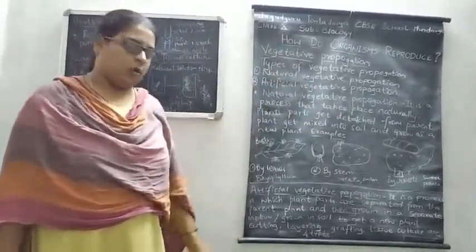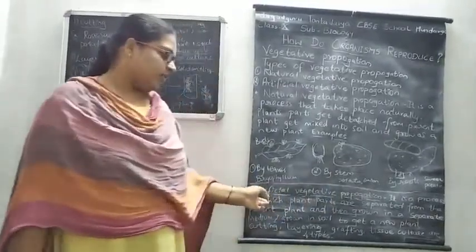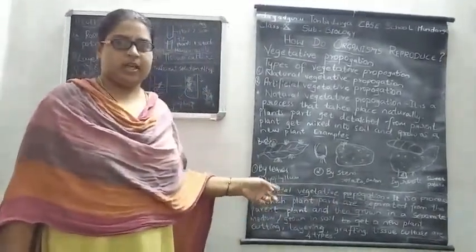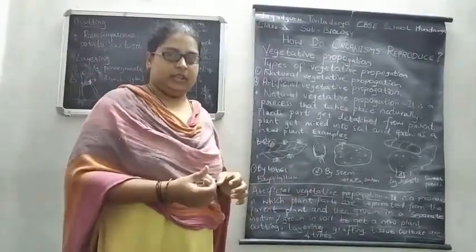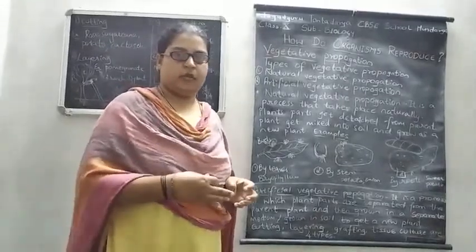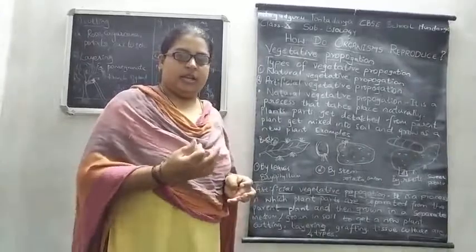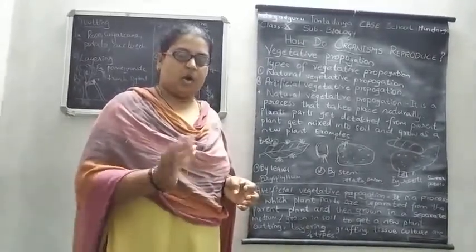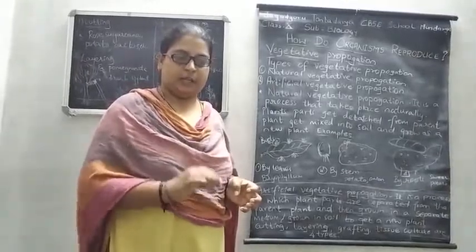Next we will move on to artificial vegetative propagation. As the name suggests, artificial means the plant parts are removed from the parent plant and allowed to grow in a nutrient medium, or grown in soil by separating them from the parent plant.